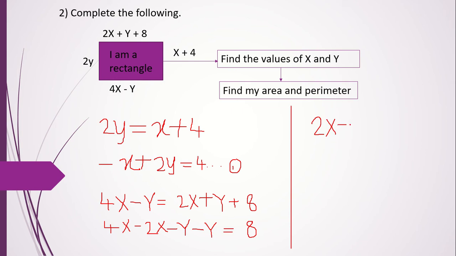Minus y is minus 2y and is equal to 8. Okay. Now what we will do, dividing both sides by 2, we will get x minus y is equal to 4.